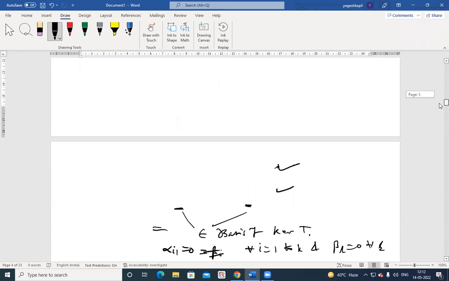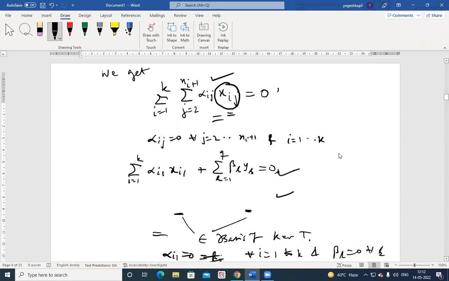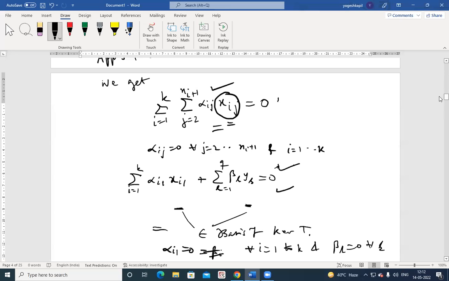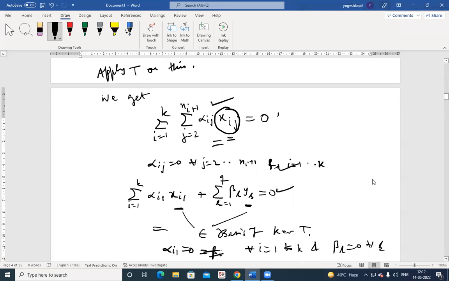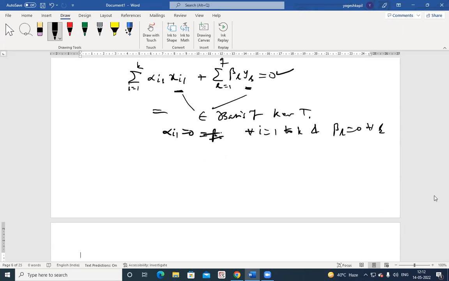This proves B is a basis of V. What does this B consist of?